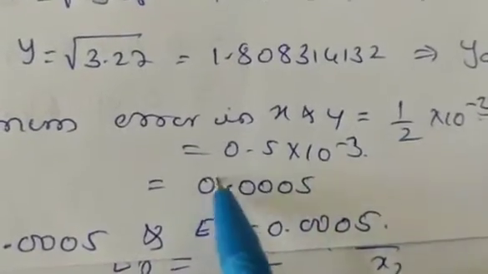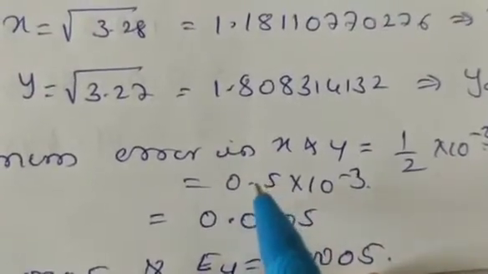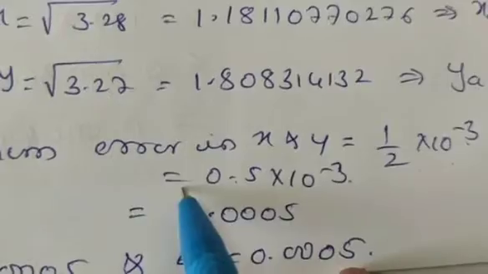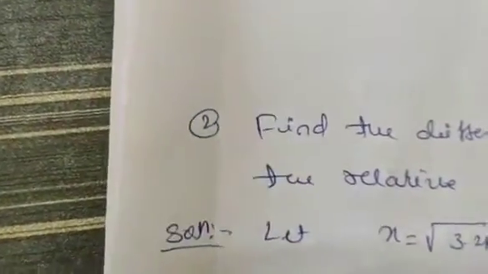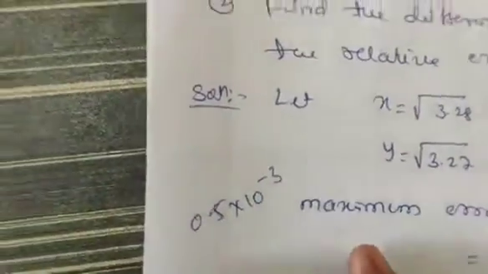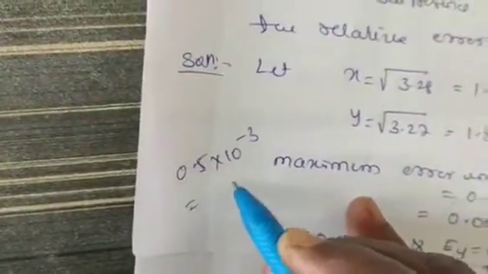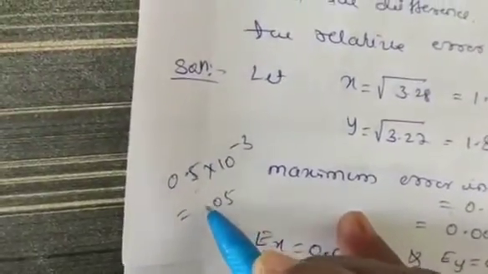So 1 by 2 is 0.5 into 10 raised to minus 3. 10 raised to minus 3 means you have to go 3 decimal places to the left. 0.5 into 10 raised to minus 3 means this is 5, and you have to go back 3 digits, 1, 2, 3.